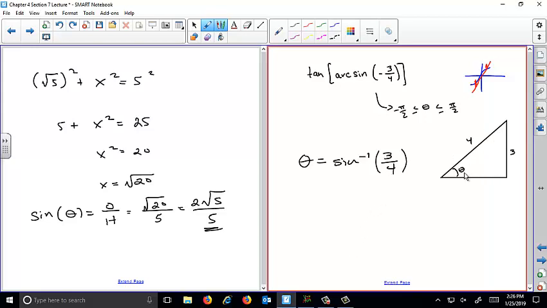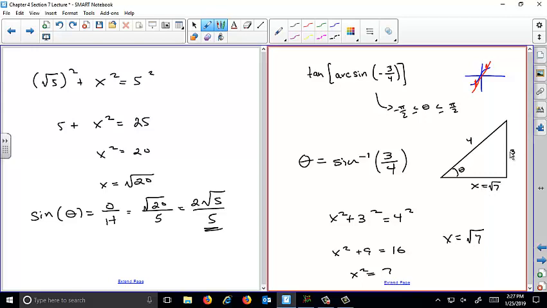It's lengths. So this is our unknown length. X squared plus 3 squared equals 4 squared. X squared plus 9 equals 16. X squared equals 7. X equals the square root of 7. So that's what that is.